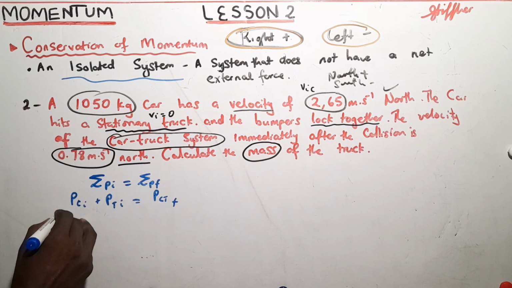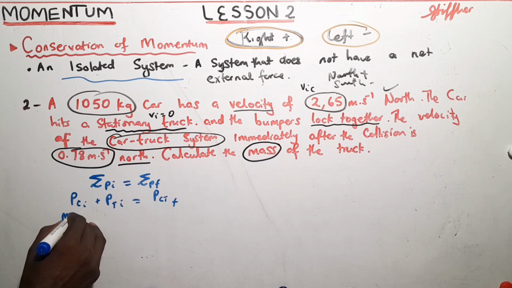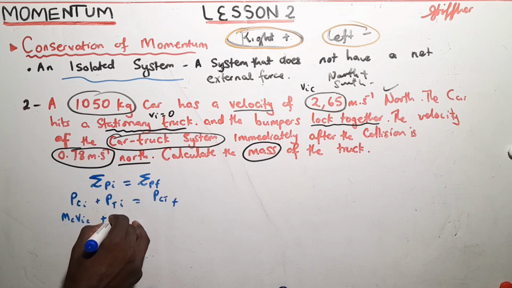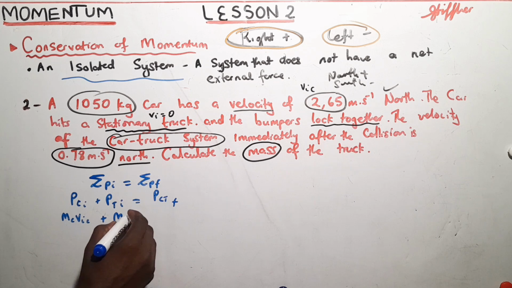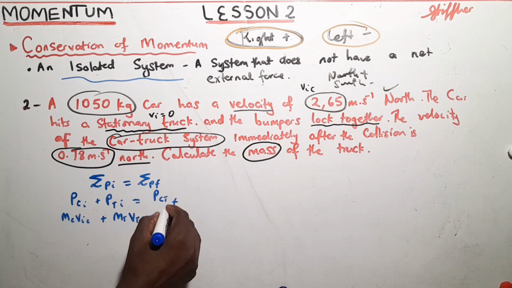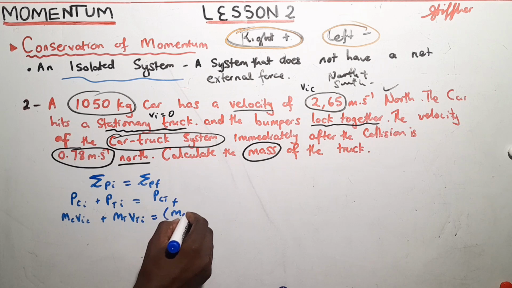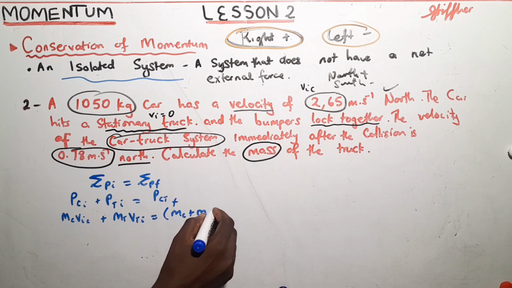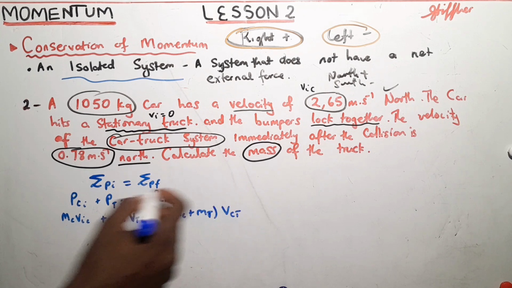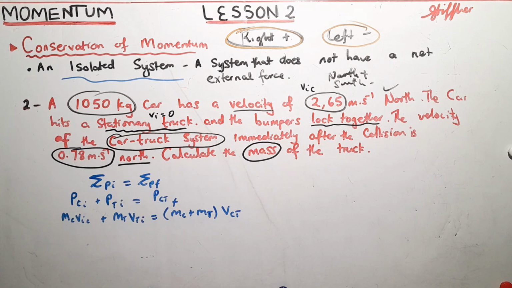So this means that the mass of the car multiplied by the initial velocity of the car, plus the mass of the truck multiplied by the initial velocity of the truck, is equal to the mass of the car plus the mass of the truck, now that they're a system, multiplied by the velocity of the car and truck.